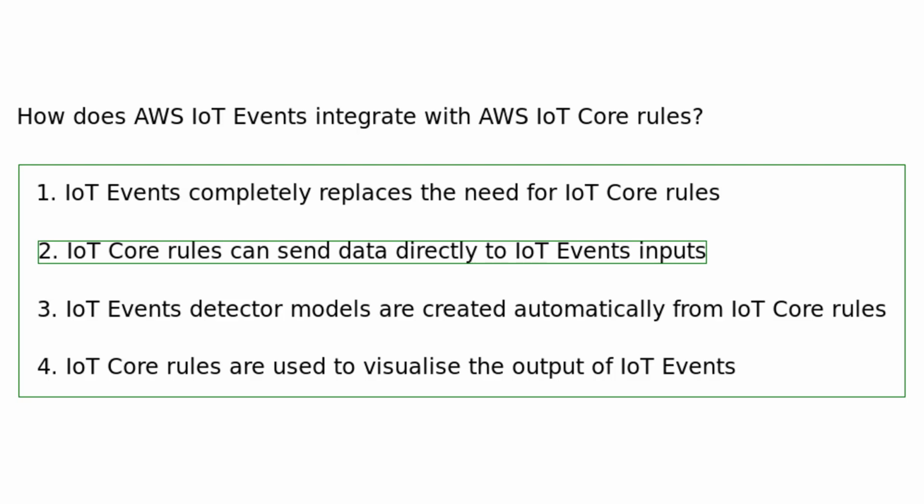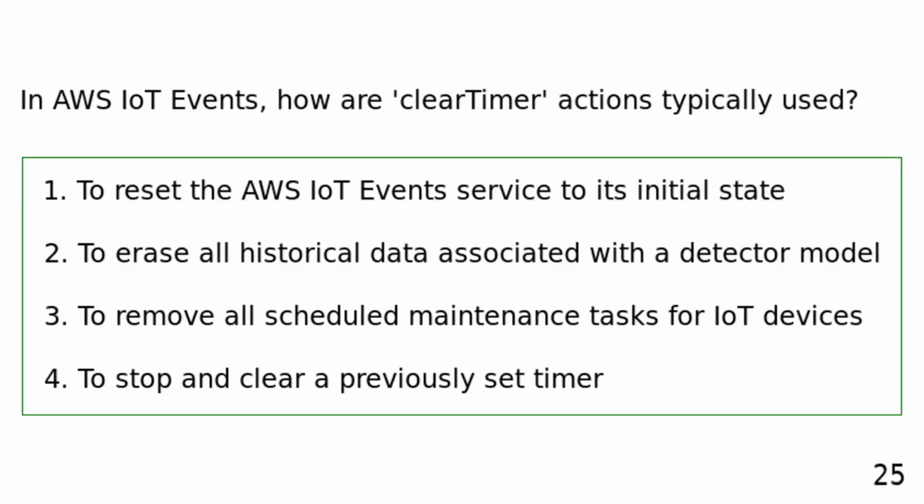mechanisms in IoT Events. In AWS IoT Events, how are clear timer actions typically used? To reset the AWS IoT Events service to its initial state. To erase all historical data associated with a detector model. To remove all scheduled maintenance tasks for IoT devices.